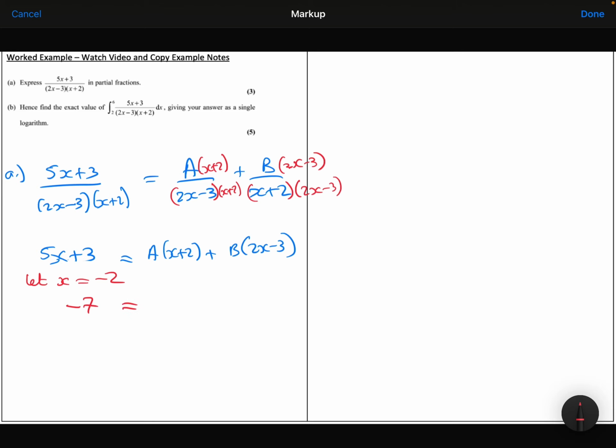On the right-hand side, the A term has just disappeared, and we'll get B multiplied by 2 times minus 2 minus 3, which is minus 7. Therefore, B has to be 1.